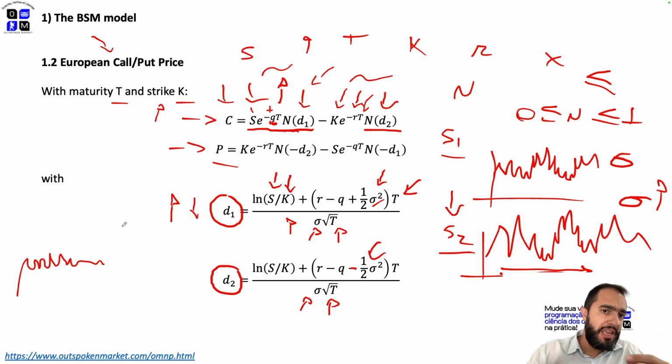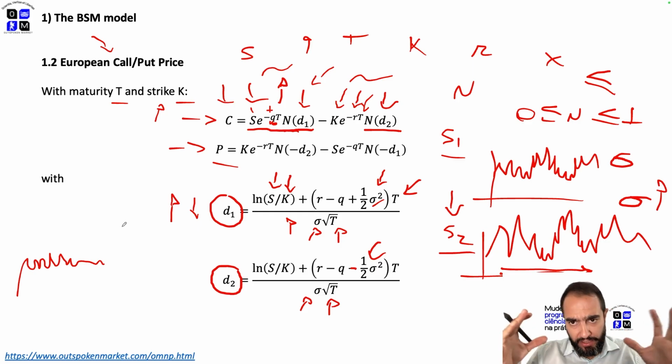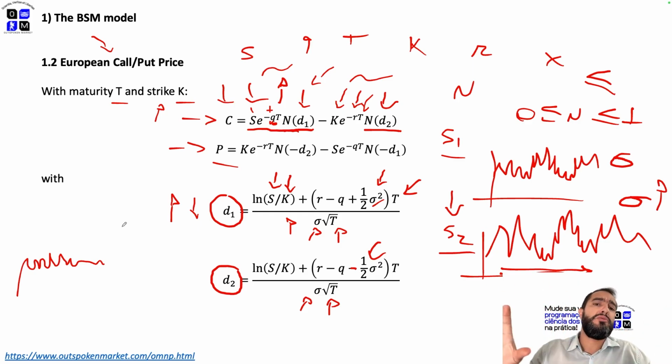In this case, you may have a covered sell and whatever you think is appropriate based on what you are going to do. So this is one of the intuitions regarding the volatility.